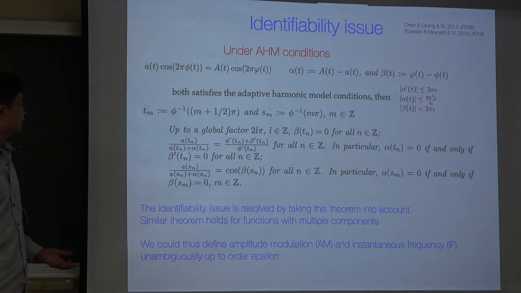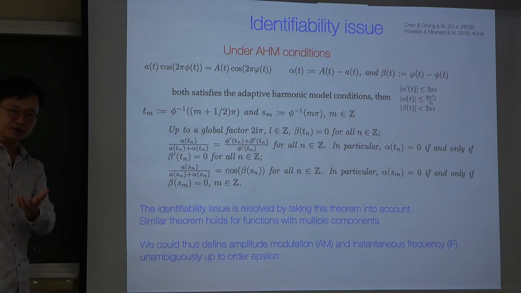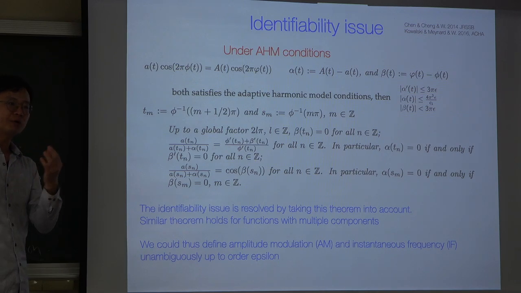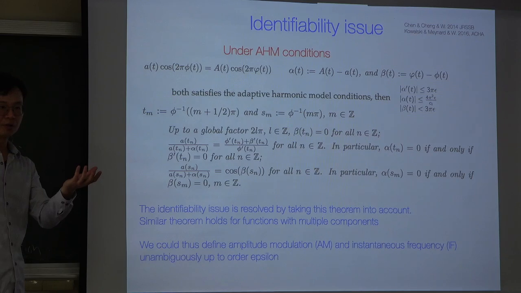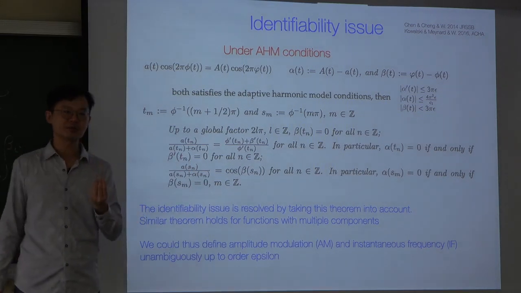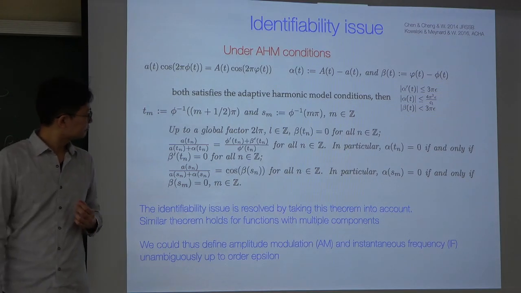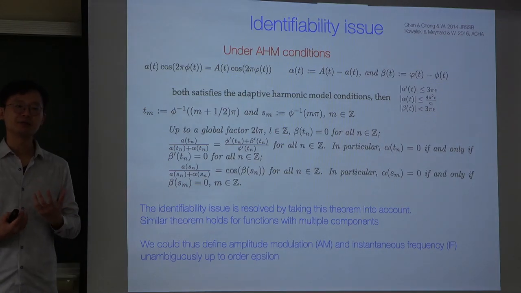This is a bit of an annoying result, because then you will ask, what do you mean by epsilon? When epsilon is large, we lose control. When epsilon is very small, we can control it, but still we have some epsilon. So what are we talking about?